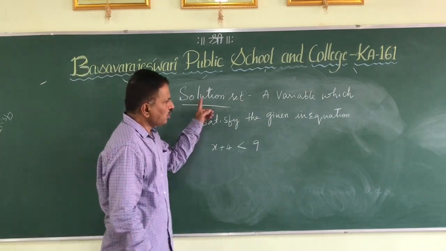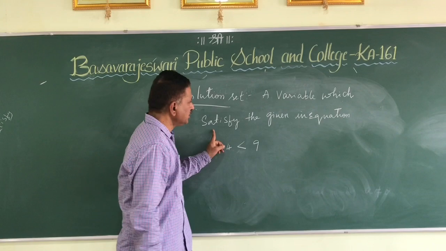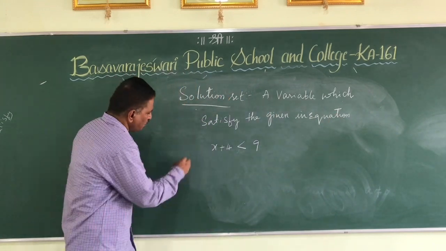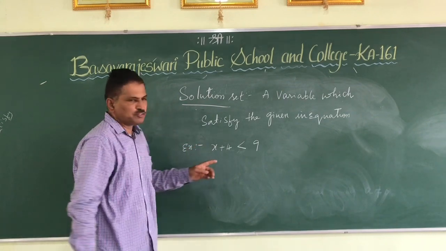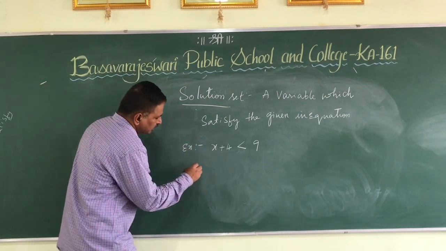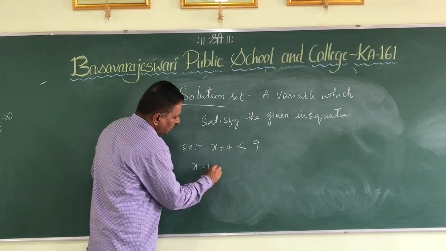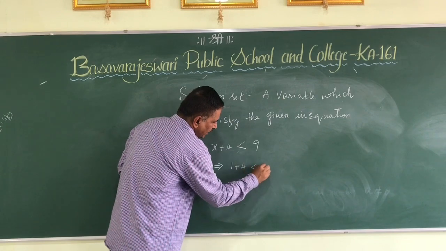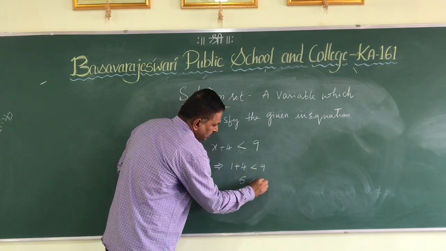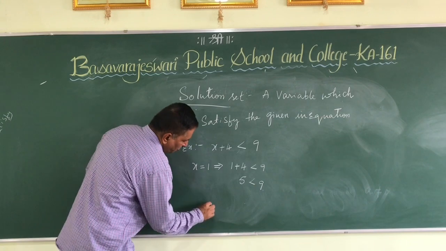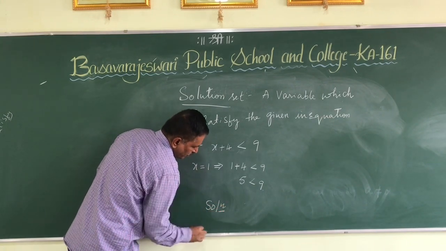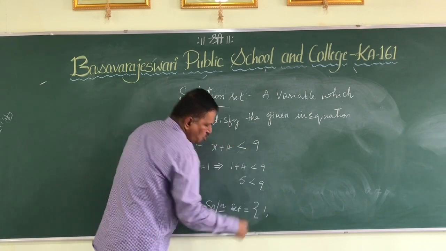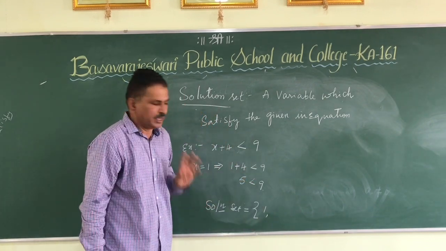Let us take x is equal to 1. Then 1 plus 4 is less than 9. Definitely 5 is less than 9. Therefore the solution set will have the value 1 because it satisfies the given inequation.